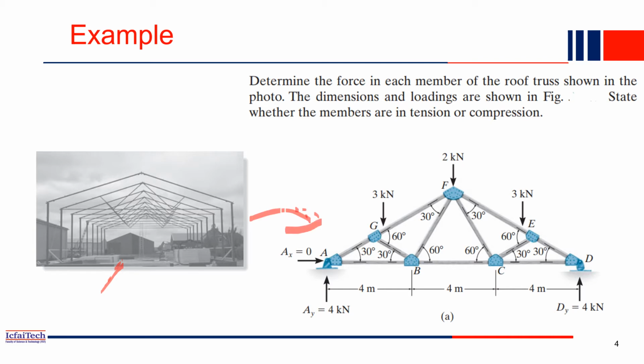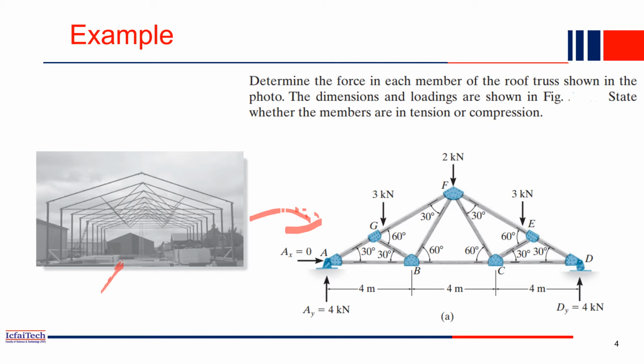Determine the forces in each member of the roof truss as shown in the photo. The dimensions and the loading are also given. So you have to find out the reactions and the axial force in each bar. That is our question.